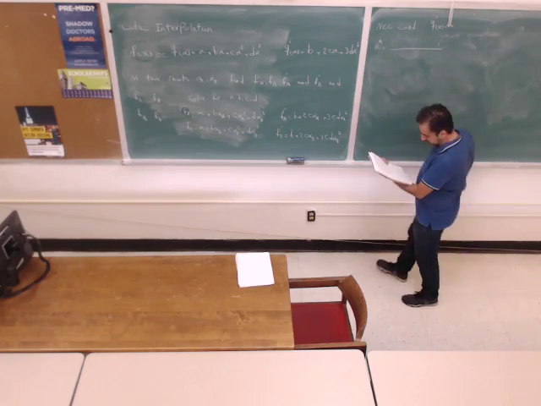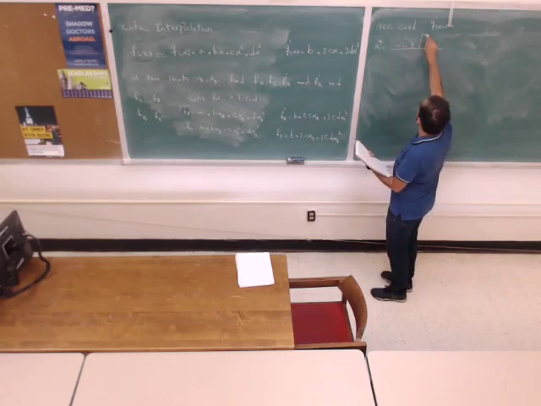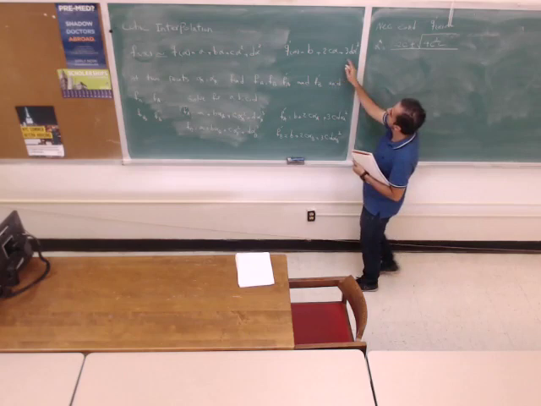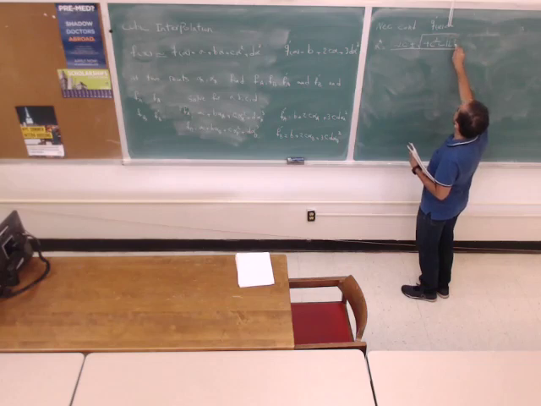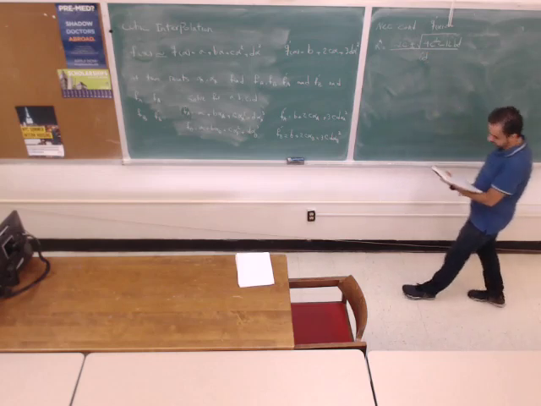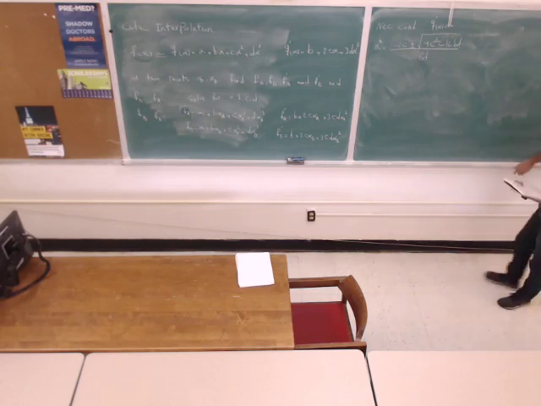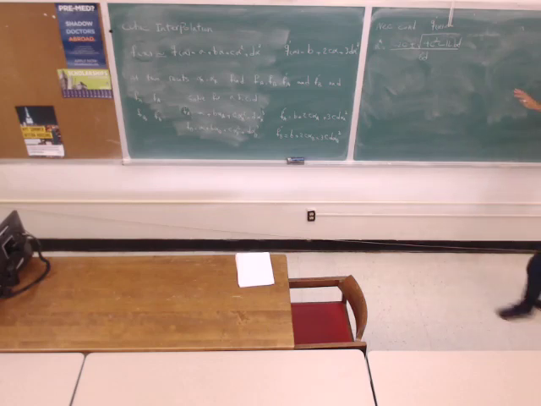Roots of this are negative 2c plus and minus the square root of 4c squared minus 4 times b times 3d, which is 12bd, divided by 2 times 3d, which is 6d. Okay? Make sense?